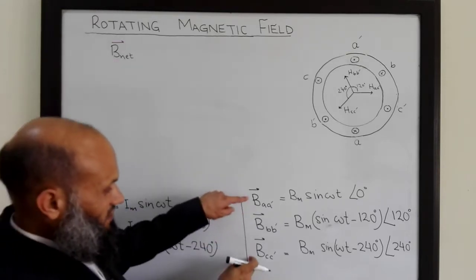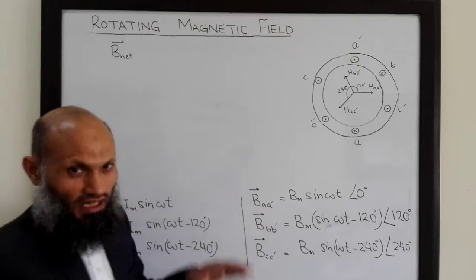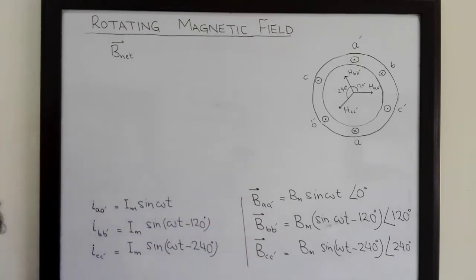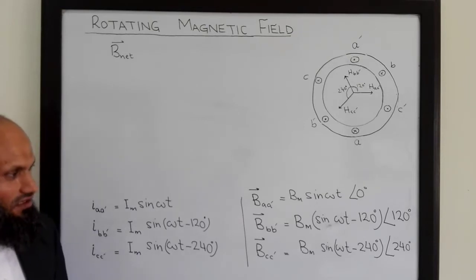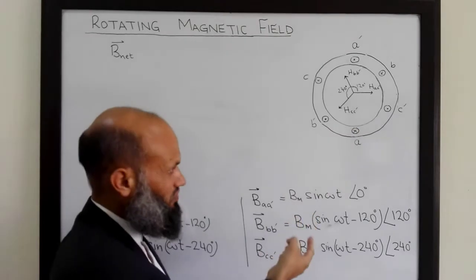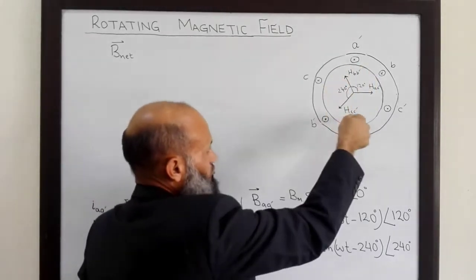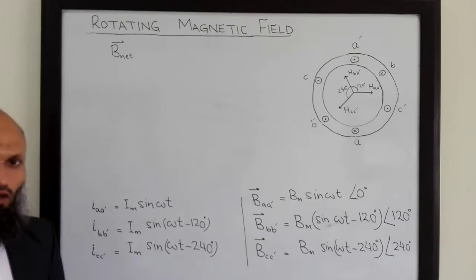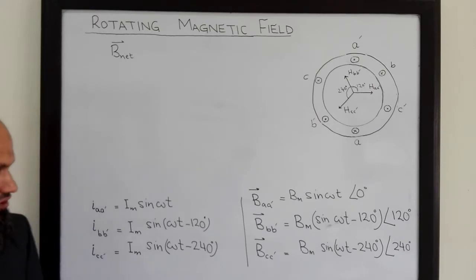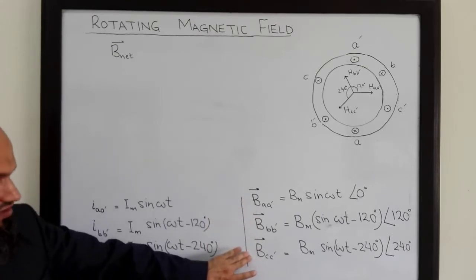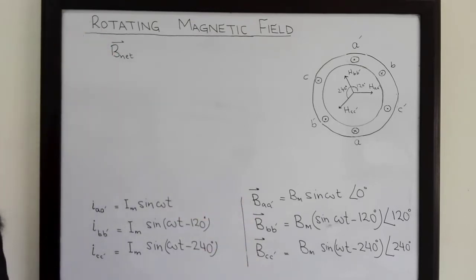We had added these three vectors at some discrete time instance, and we had shown that this net flux density vector has uniform magnitude, and it was rotating in counterclockwise direction. In today's lecture, we shall follow a more analytical approach. We shall find the vector sum of these flux density vectors analytically.